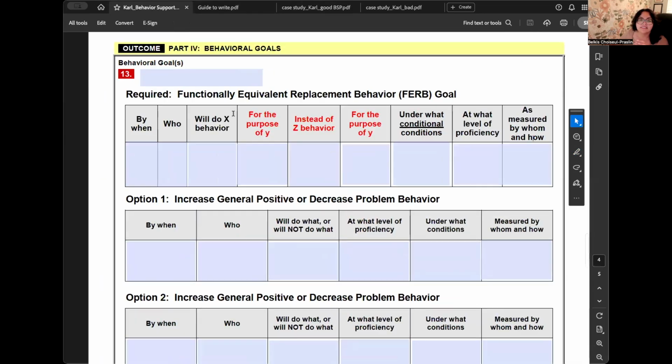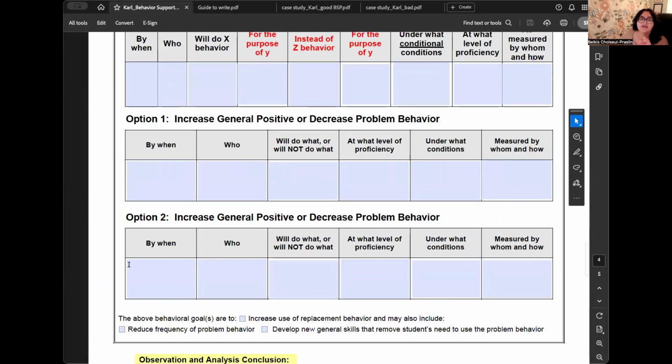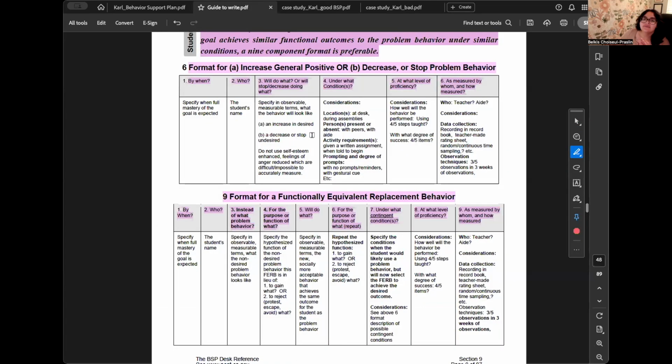Then after this section, remember that's required, you have option 1 and option 2, and they say the exact same thing. The option you're looking at is, are you looking to increase the positive behavior or decrease a behavior? That's it. Are you looking to increase a behavior or decrease a behavior? That's going to lead you into writing the next part of the goal.